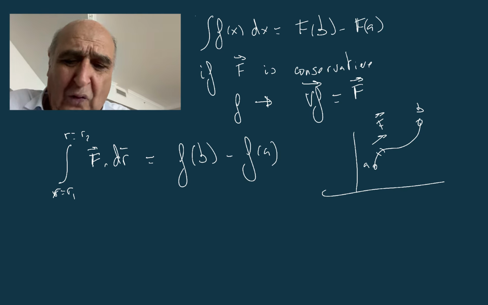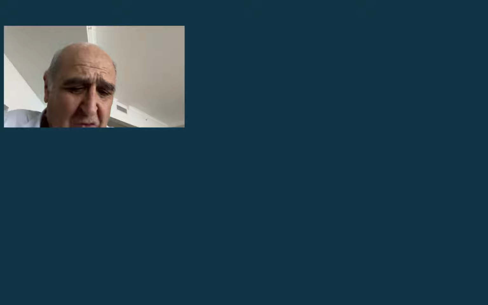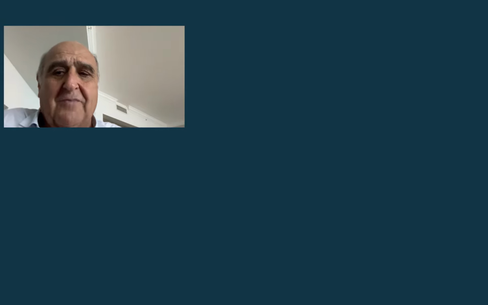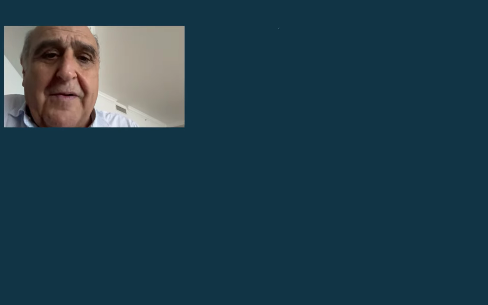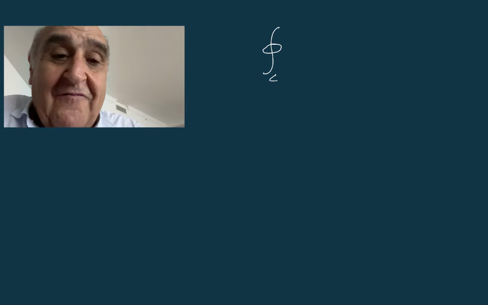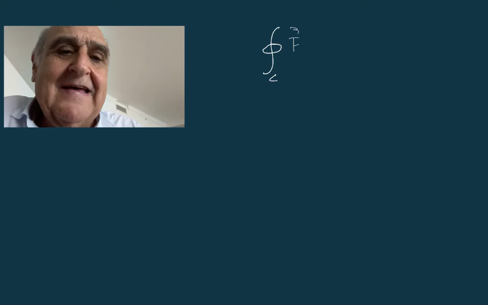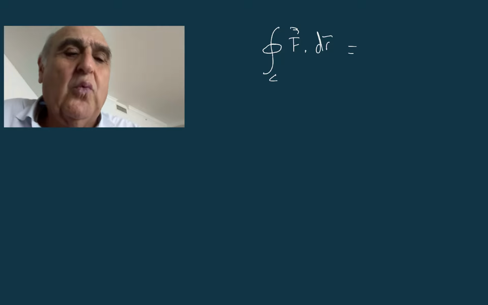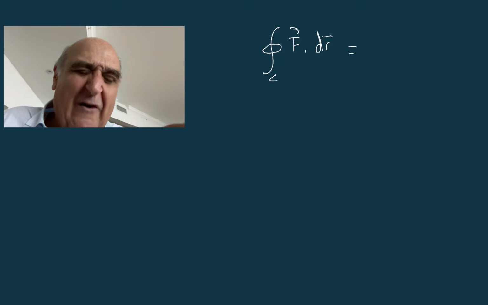But this is not all. We may talk about the Green theorem, which is quite different from the Gauss law that we will see for the Maxwell equations. This theorem relates a line integral over a curve, but now it's a closed curve, of the vector field F scalar dr with a double integral over a region.